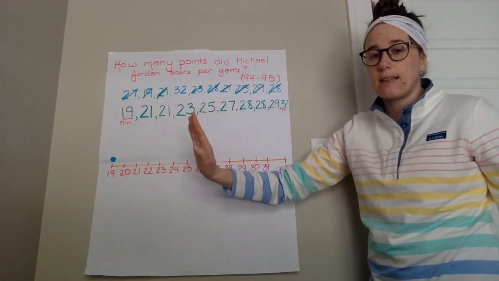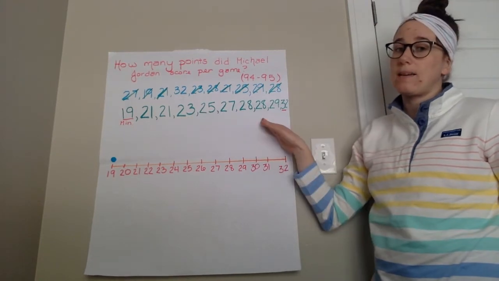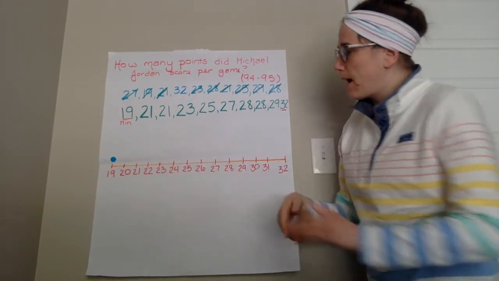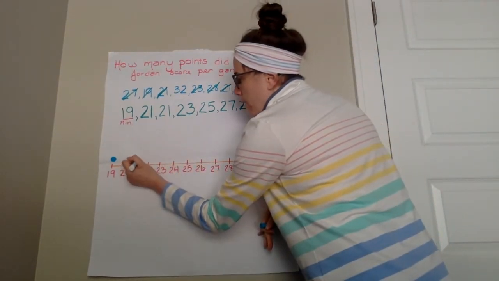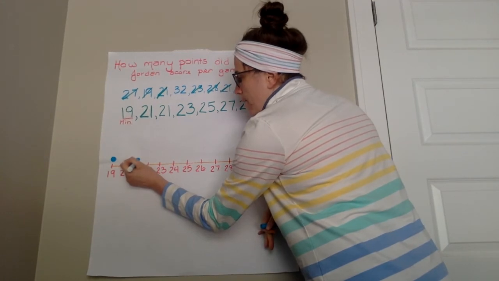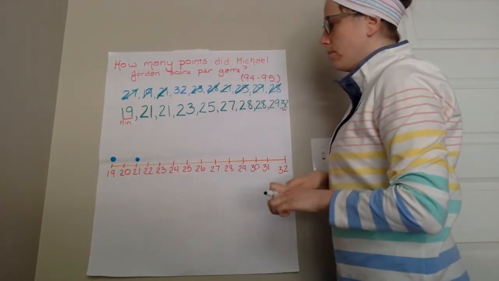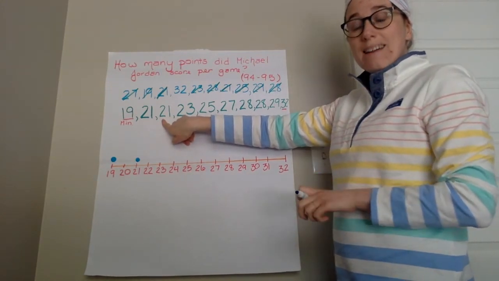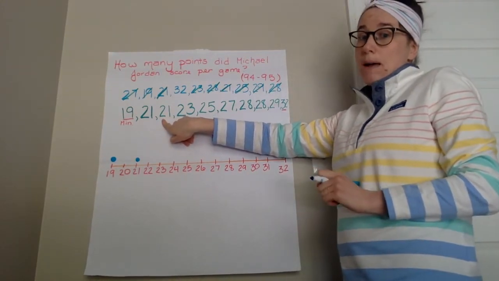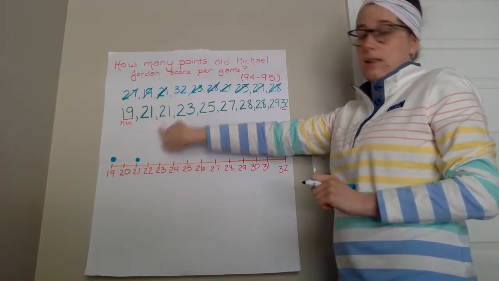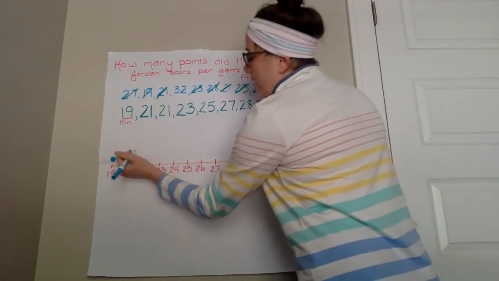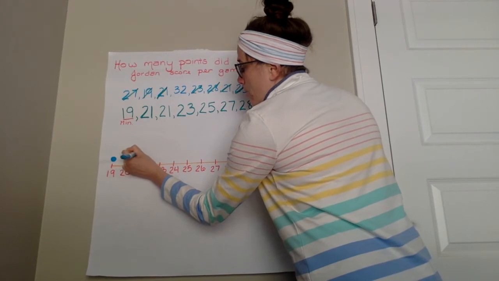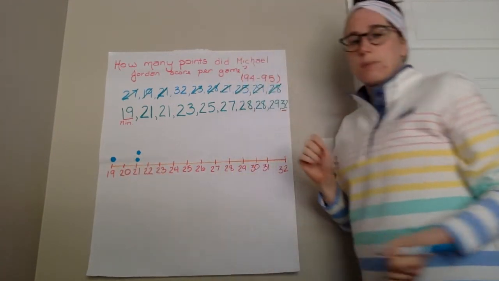There are no dots there because there's no 20 in my data set. I'm now going to go to 21. I put a dot. There are two 21s. Woo! That means during 2 games, MJ scored 21 points. I need to illustrate that by putting 2 dots above the number 21.